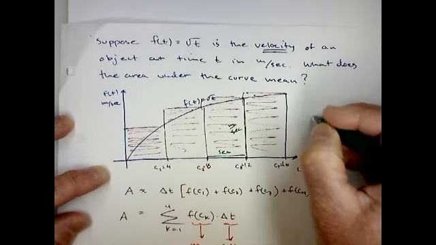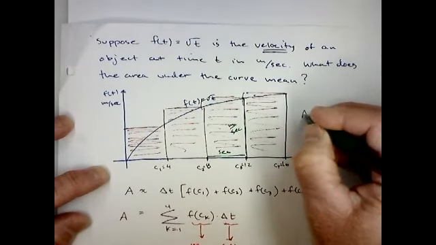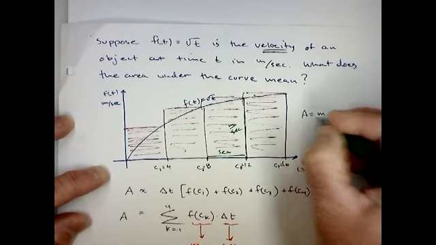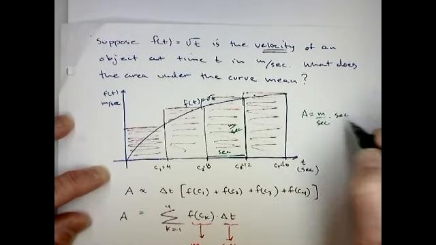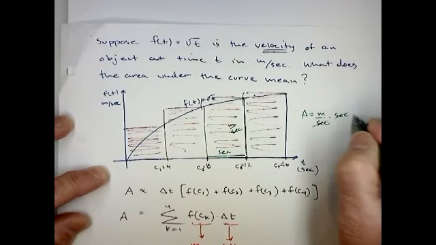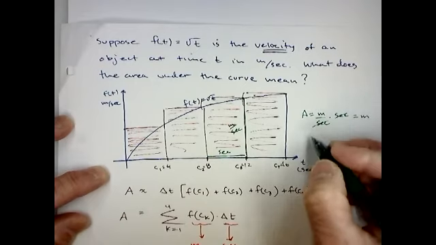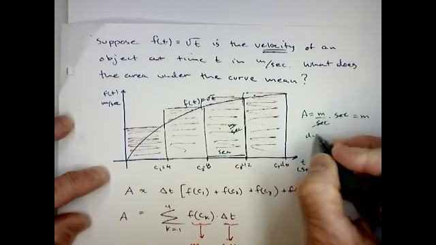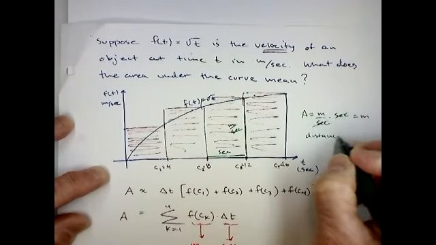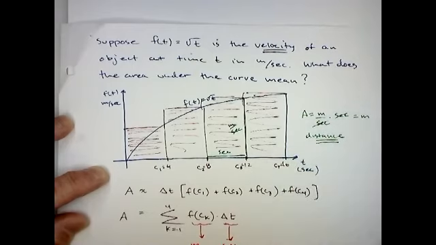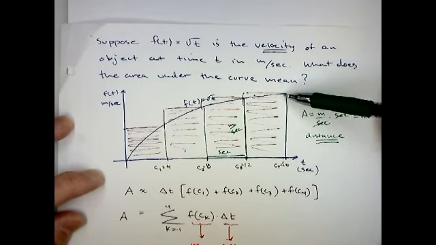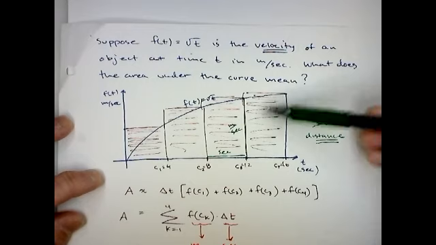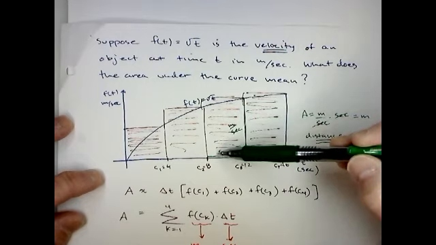And what happens when you multiply meters per second times seconds? The seconds cancel out and we end up just in meters. And the way you could interpret that is distance. Okay. So the area under a velocity graph actually gives us the distance traveled.